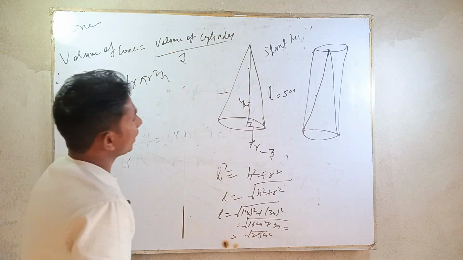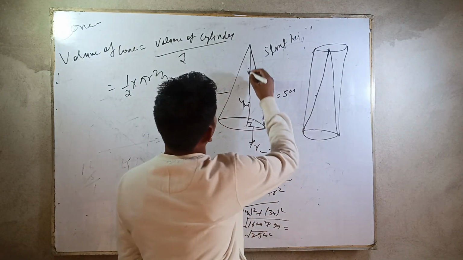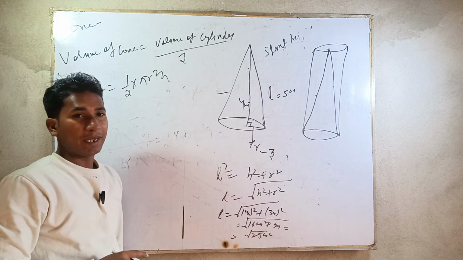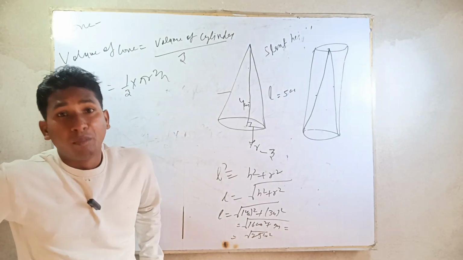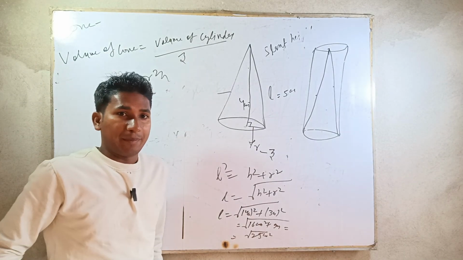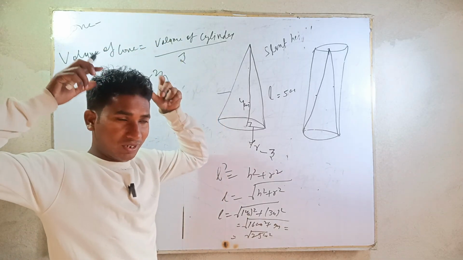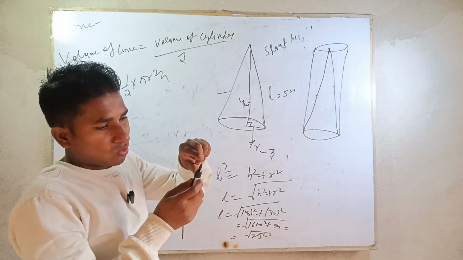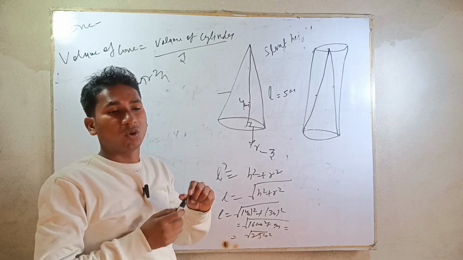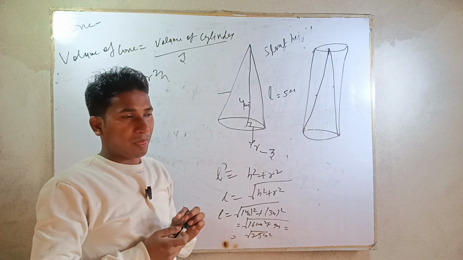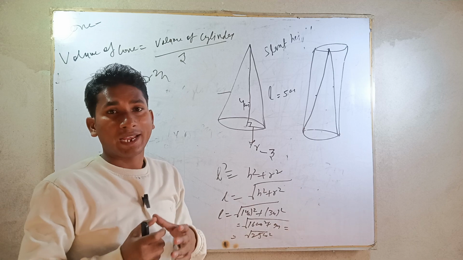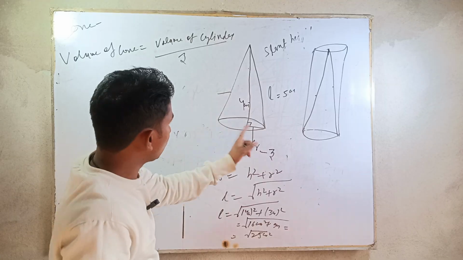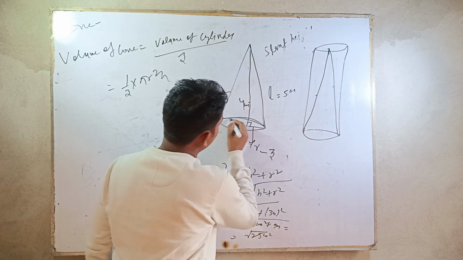Next one is, what is lateral surface area? Sometimes I put on a birthday party cap, which is like a cone, and sometimes I eat an ice cream cone. It is also like a cone, but we don't include this one part.